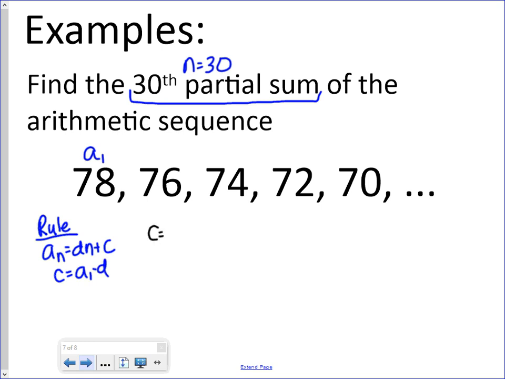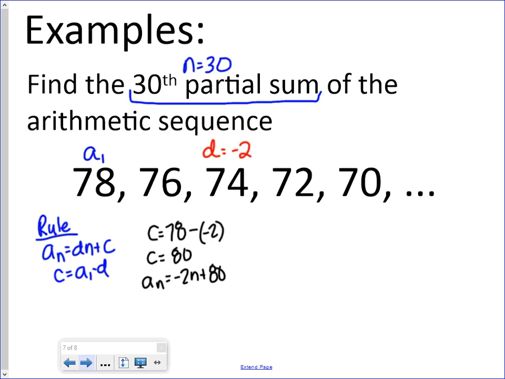So c would be equal to my first term, 78, minus my common difference, and I can tell by the numbers here that my common difference is going down, so it's negative. 78 minus -2, so c equals 80, and then a sub n equals -2n plus 80. There's my explicit rule for the sequence.